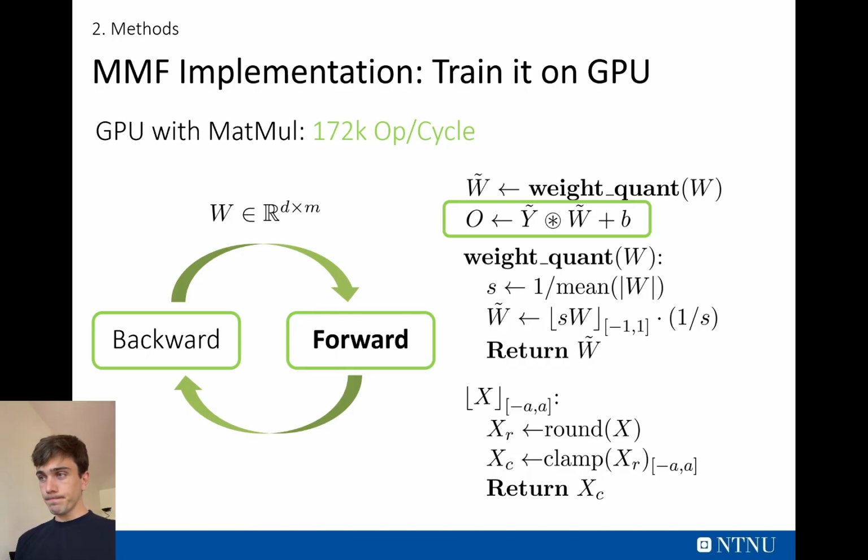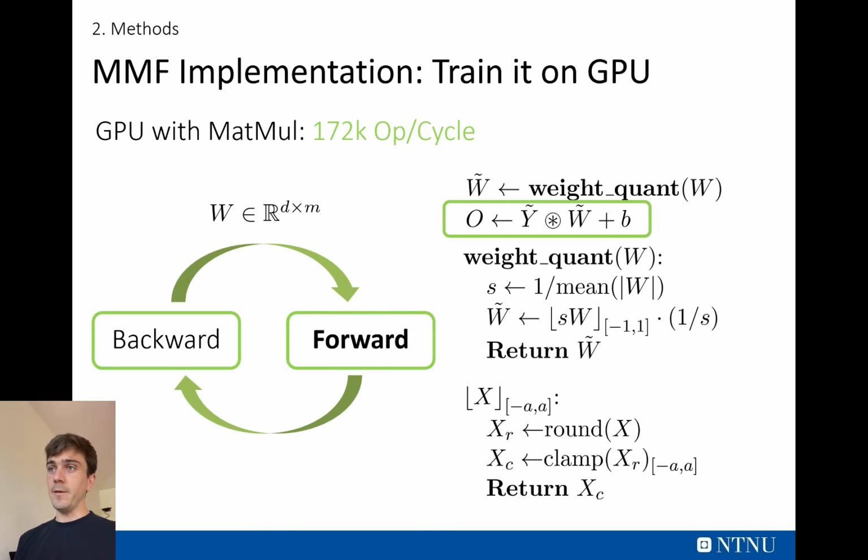So the idea here for training a matmul-free model on a GPU is by doing quantize-aware training. This means that training is the process of doing the forward pass, computing the loss function, and then doing the backward pass.